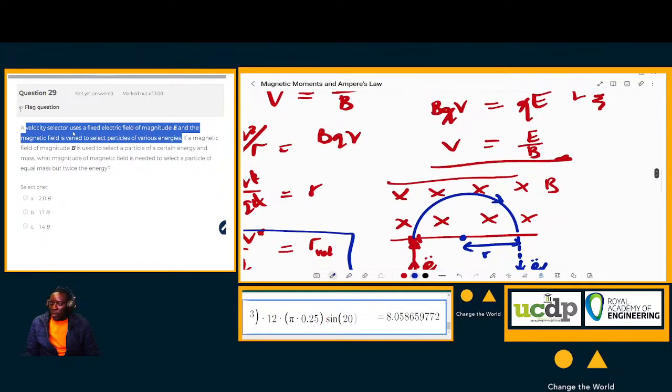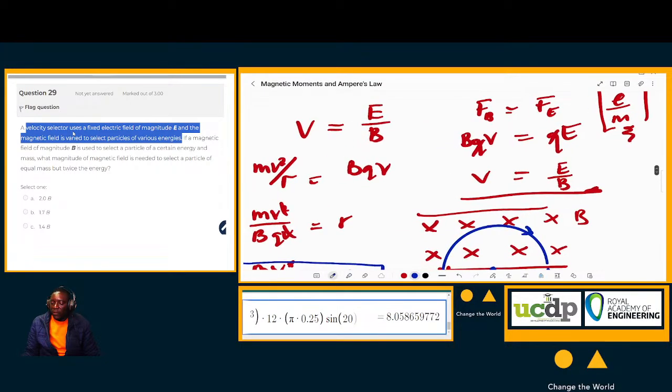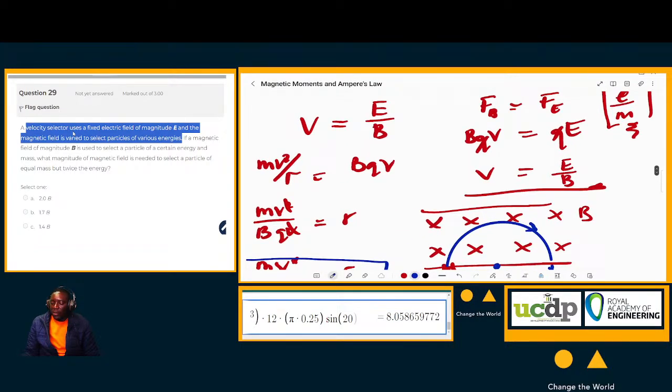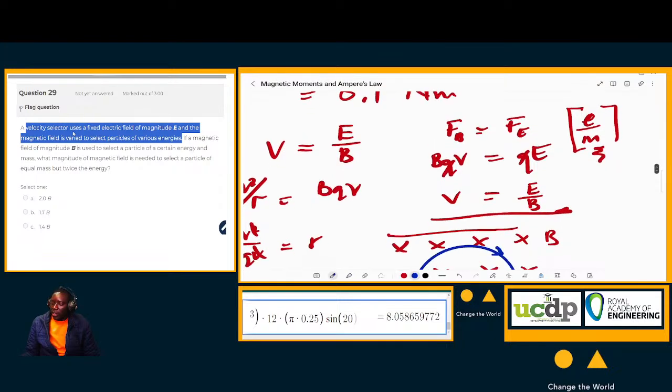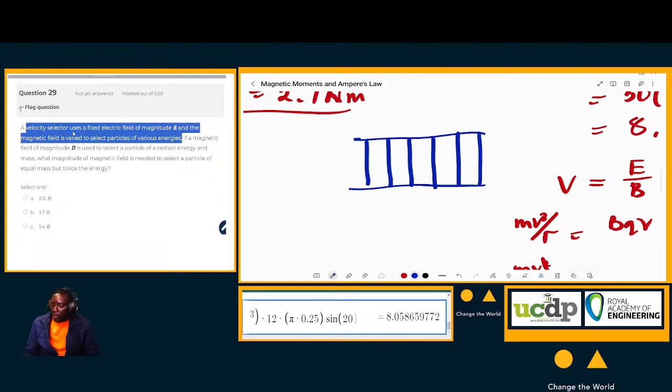So within the crossed fields, we have basically the electric field giving a force in one direction and the magnetic field giving the force in the other. So for crossed fields, it will be two plates. Let's say that's the electric field E, which ideally makes it positive and negative on this side.